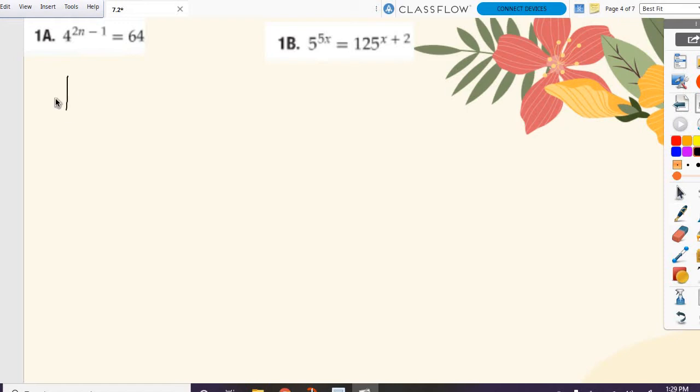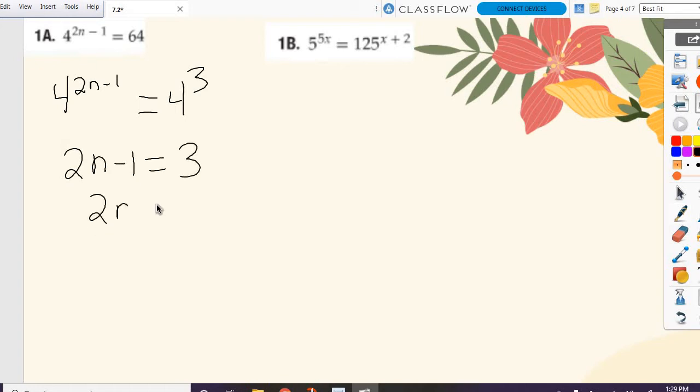So in this case, we can rewrite our 64 as 4 to the third. Again, once we have our bases the same, we can just set our exponents equal to each other. So we get 2n equals 4, so n equals 2.